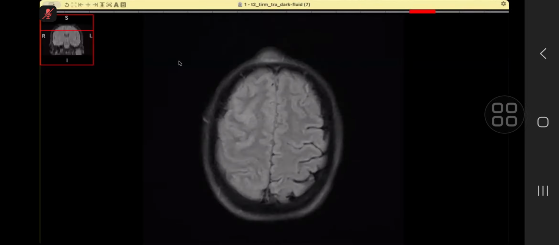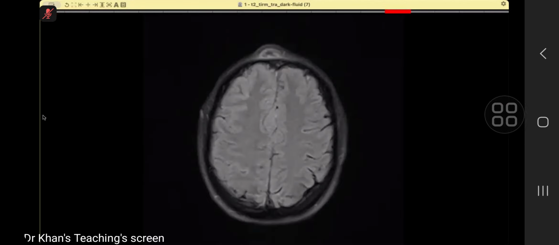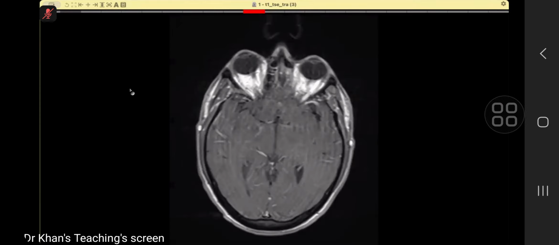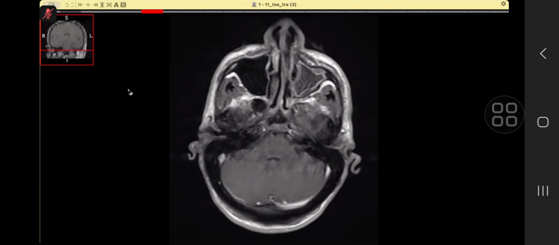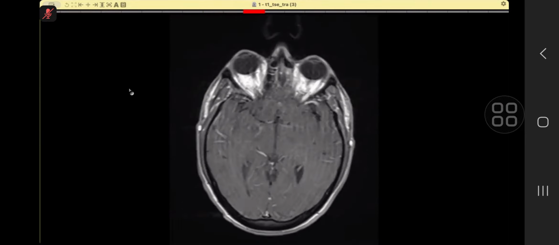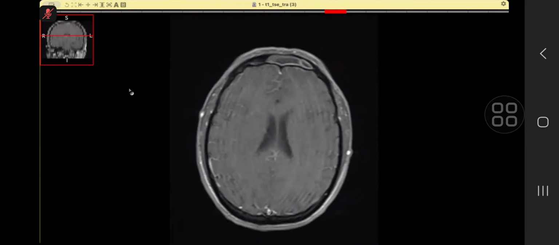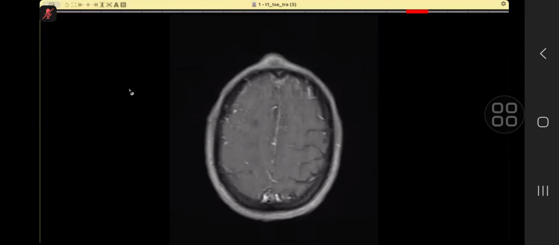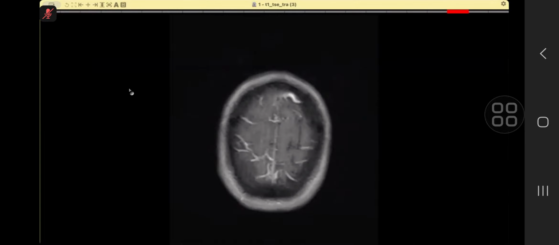Is there any contrast study for the MRI? Yeah, I'll show you contrast. This is contrast. Okay. Yes, there is mucosal enhancement seen in the left maxillary sinus and the frontal sinuses, with peripheral enhancement of this lesion.